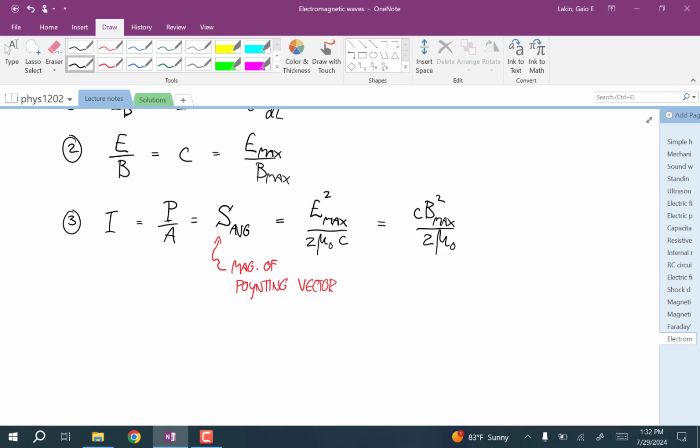And then the last one is, this might be a little bit surprising, but electromagnetic waves hitting a surface apply a pressure to that surface, as if these waves aren't just waves in space, but also they're particles bumping into the surface.